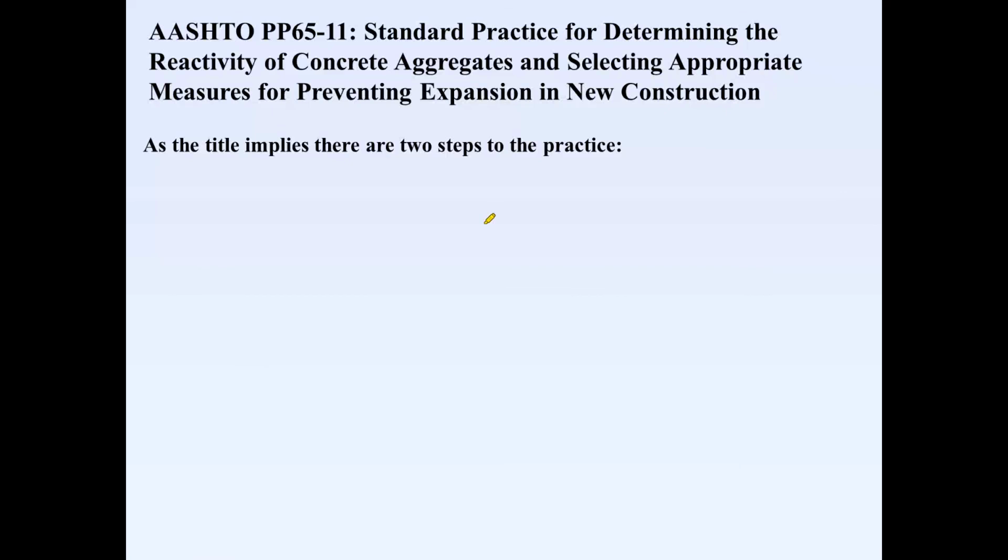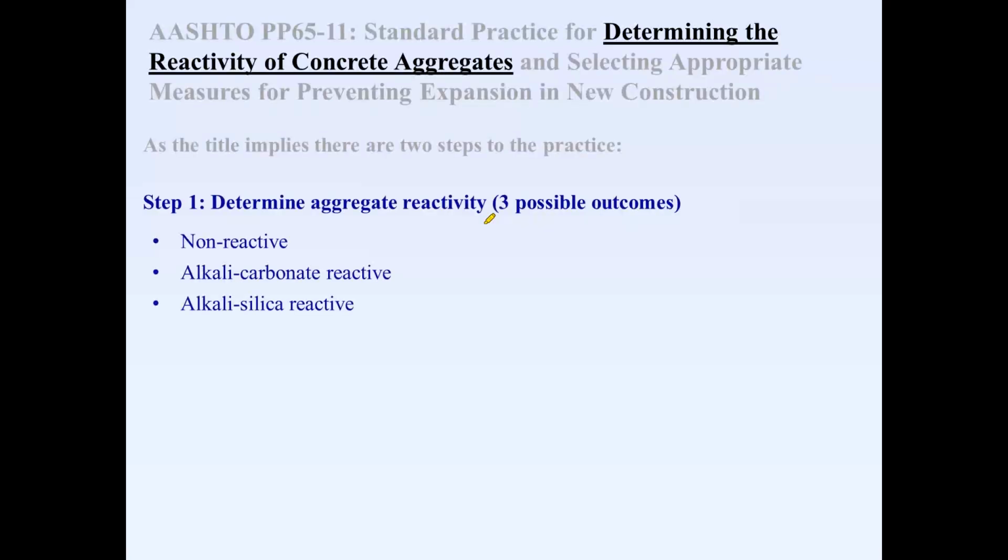So as the title suggests, there are two steps in using this recommended practice. The first step is to determine the aggregate reactivity. So we're not even getting into preventive measures in the first part of this document. And there are three possible outcomes. You can have a non-reactive aggregate, you can have an alkali carbonate reactive aggregate, or you can have an alkali silica reactive aggregate.